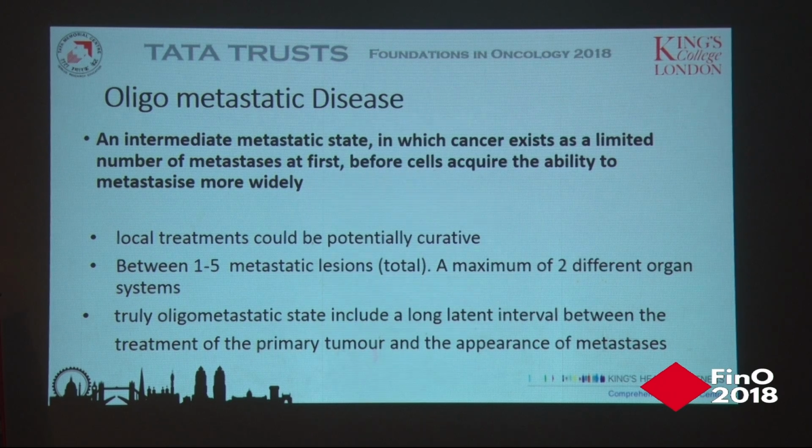So, oligometastatic disease. Oligo by definition means few. Metastasis means where the cancer has spread from the primary site to other parts of the body. This is a concept which has been introduced in the last 15 years or so, because previously the concept was, if you have localized disease, you're likely to be cured, and if you've got metastatic disease, cure is not possible.